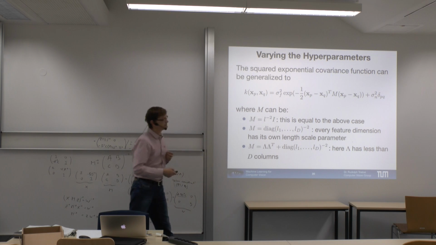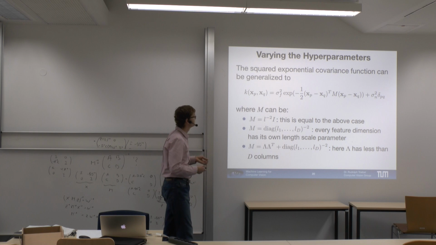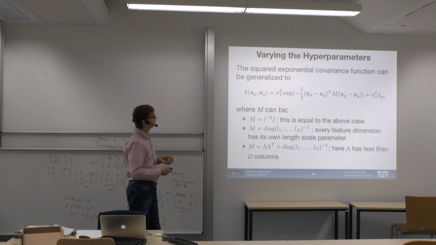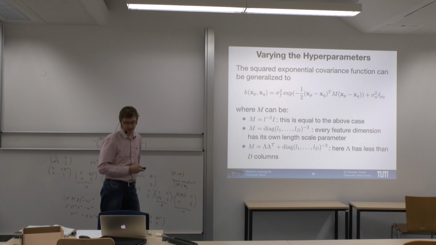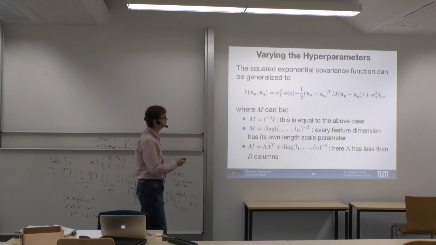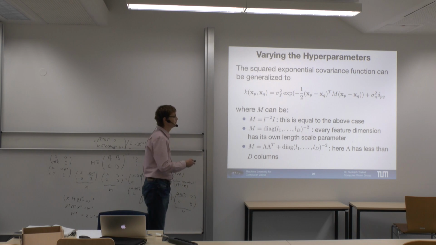Okay, we can of course set these parameters. And this is again our covariance function. We can also extend that covariance function to m dimensions. So we can have a matrix here again.